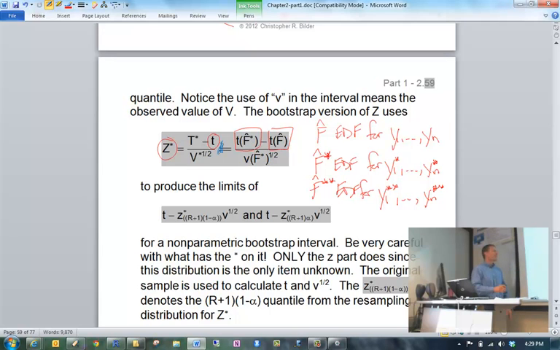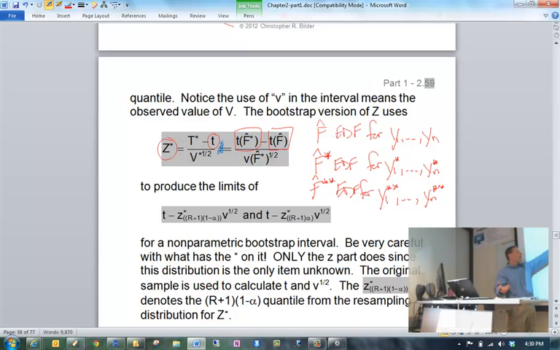So, this is where stuff can get long, or take some time when you're doing the bootstrap. Okay. So, if I can then calculate this quantity for each resample then, that will give me the distribution for Z star. And then that allows me then to get an estimate for the distribution for Z itself.